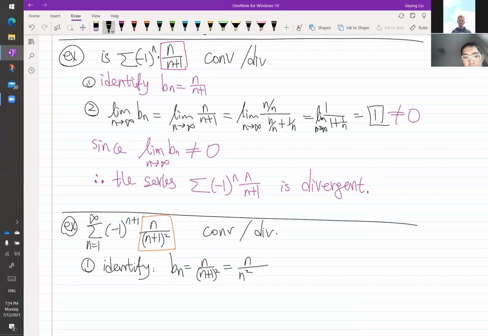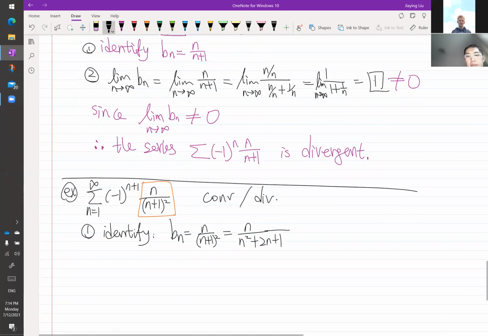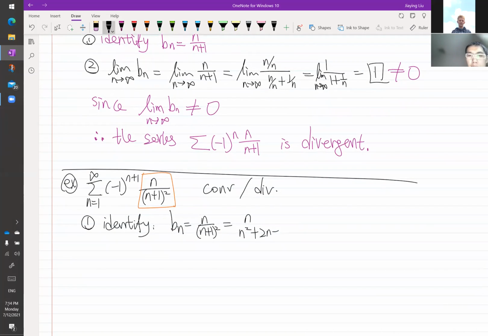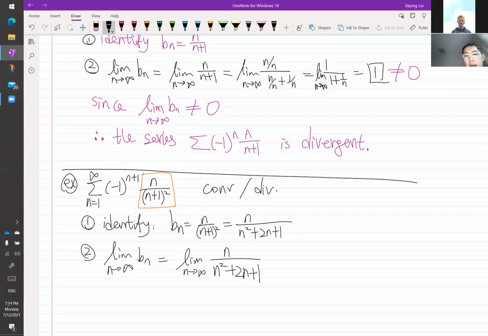So that's n over n squared plus 2n plus 1. So that's Bn. And the first condition is that we want to take the limit as n goes to infinity to see if that's going to be 0. So we want to know the limit as n goes to infinity of n over n squared plus 2n plus 1.